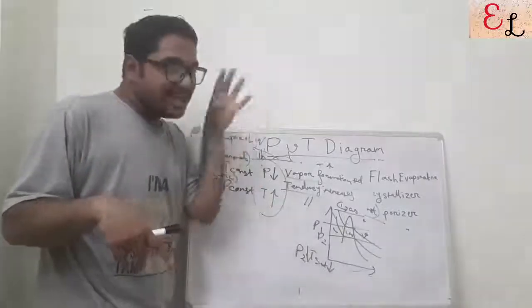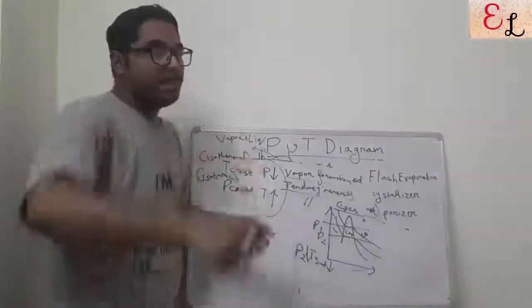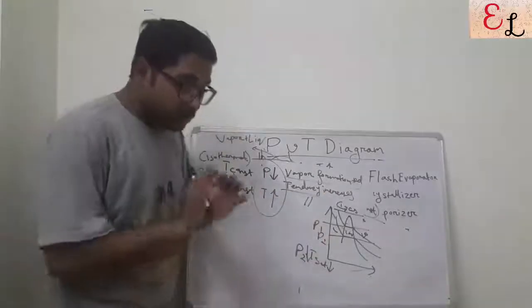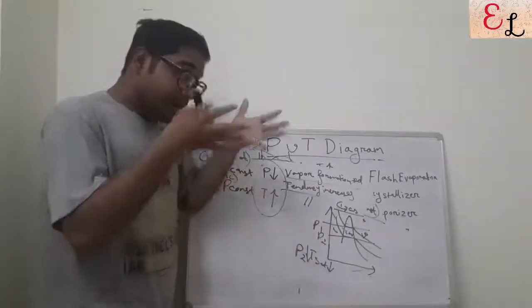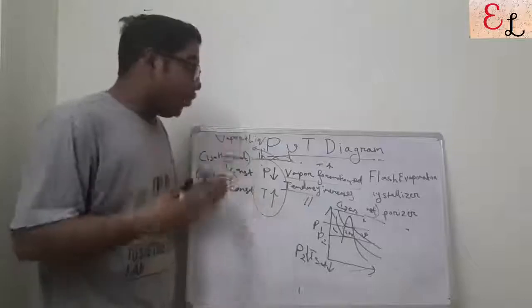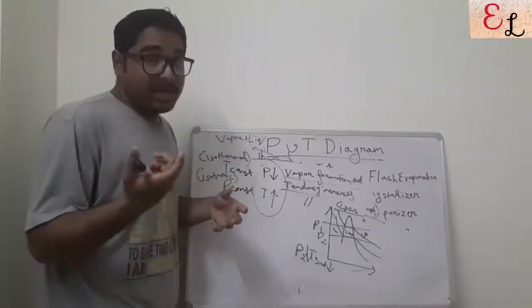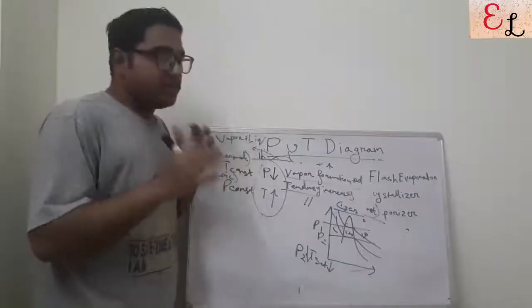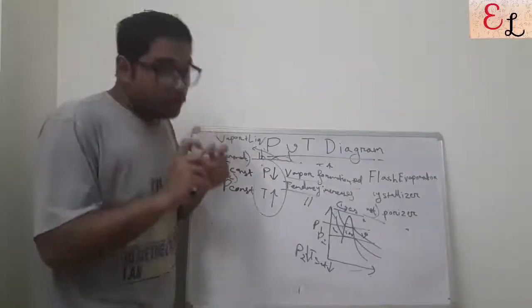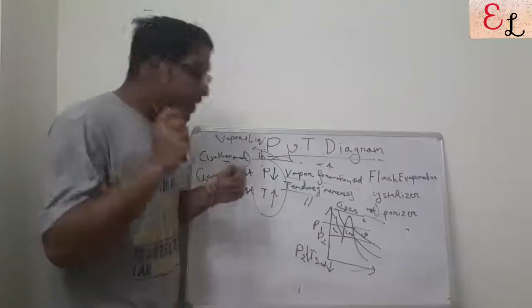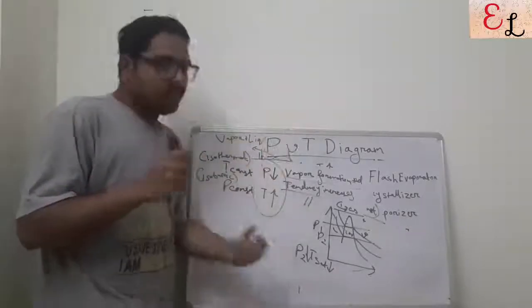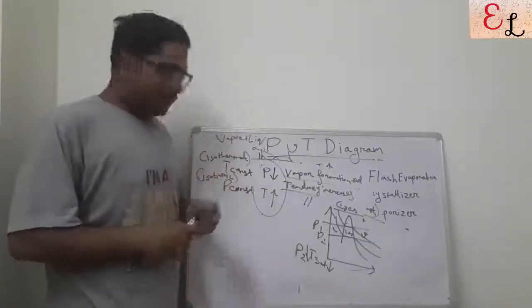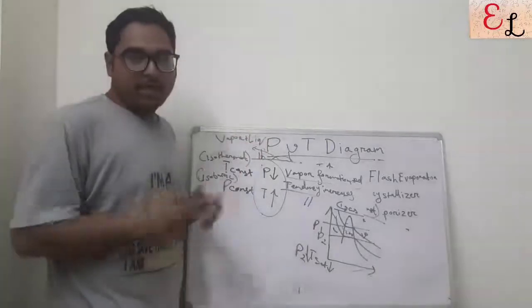So the pressure cooker is deliberately used so that the pressure can be made 1 to 1.2 atmospheric pressure, so that the rice gets time to cook. That is, the water doesn't vaporize easily; it takes time to boil. So this is the concept. You can vary the pressure to decrease or increase the boiling point, to ease the vaporization or to decrease the vaporization rate. I think that concludes the Pvt diagram lecture for today.